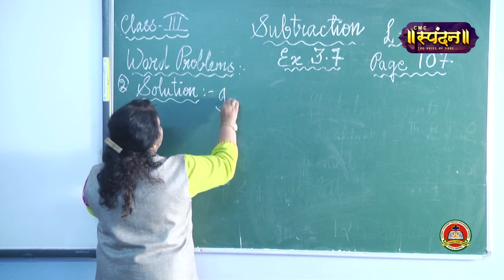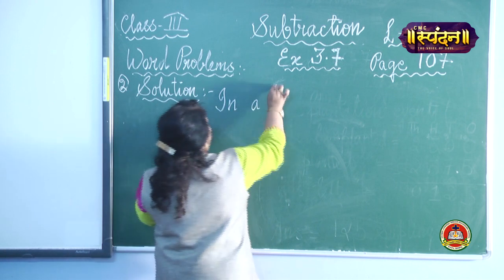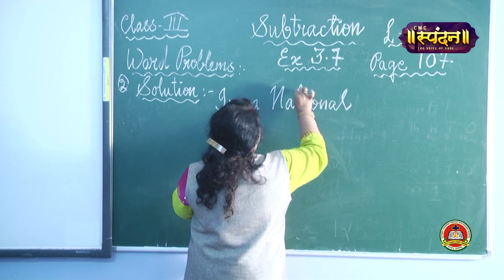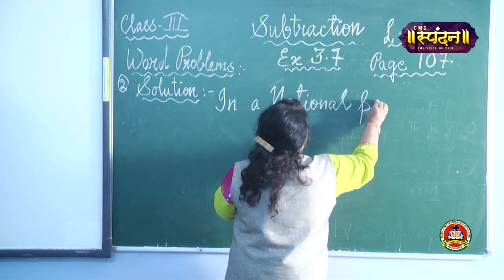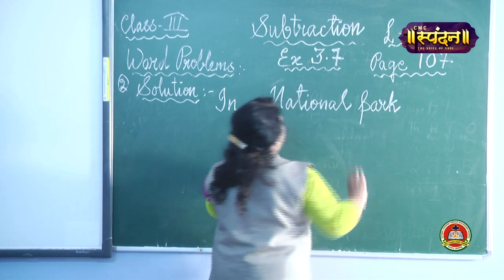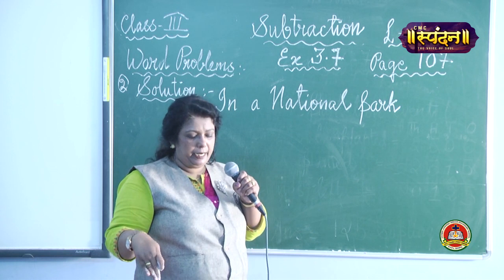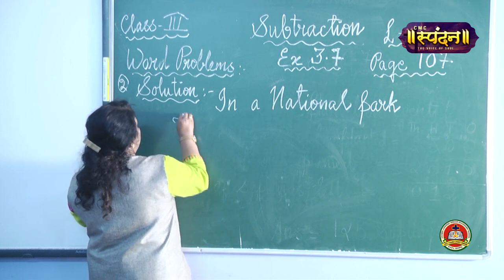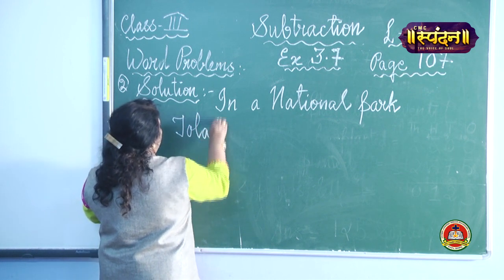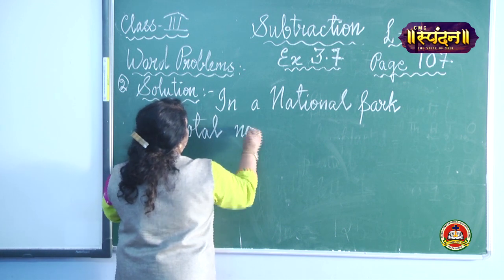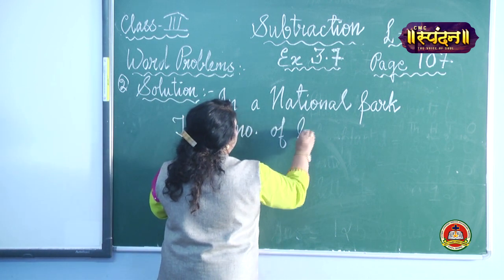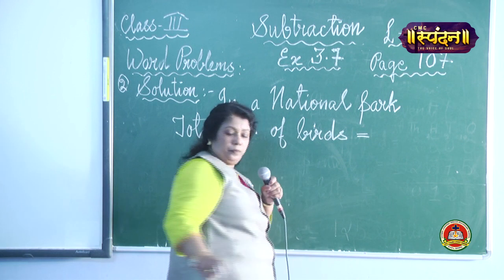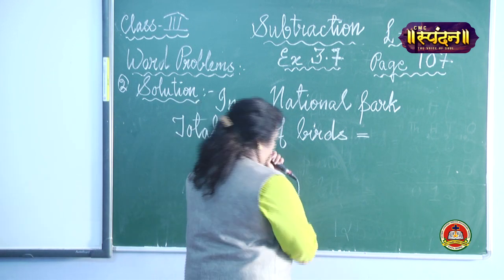In a national park, so things will be clear. एक national park में then we can write total number of birds. कितने थे? 1763.